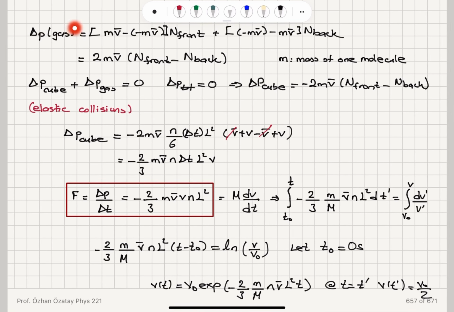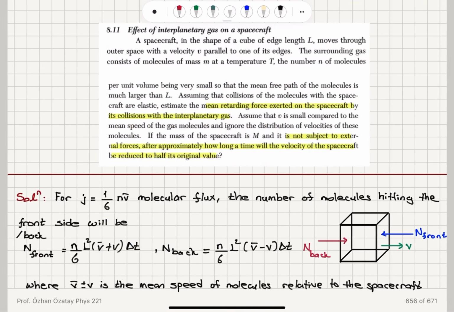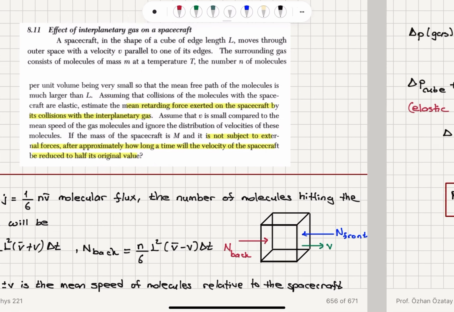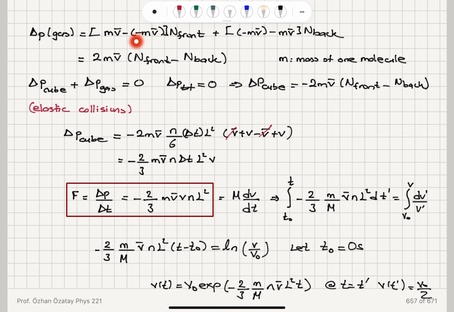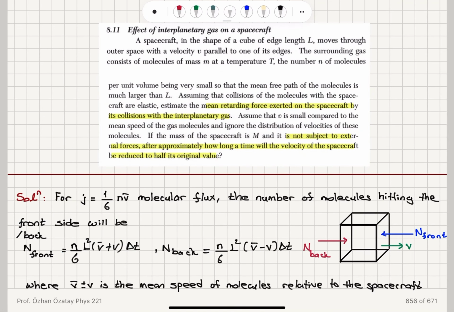Now, the change in the linear momentum of the gas molecules: for those hitting from the front side, a gas molecule will have m v bar due to reflection as the final linear momentum, and minus m v bar as the initial, so m v bar minus (minus m v bar). And for the back side, I will have final linear momentum minus m v bar, initial m v bar.